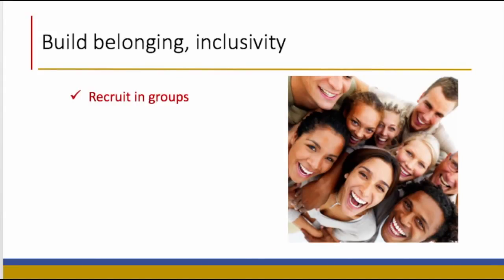It's more effective than recruiting single individuals, that is, one woman or one member of an underrepresented minority group. If you have sparked the interest of an individual, let's say a woman or a member of a group that's underrepresented, and you've convinced them that they could succeed, take that opportunity to ask them, do you have friends that might be interested in taking this class with you?